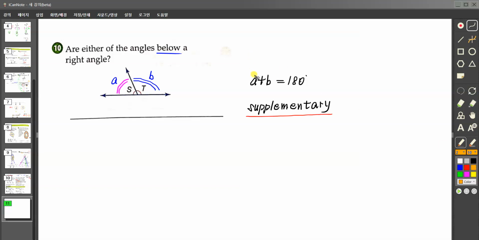So we can say A is supplementary to B, and B is supplementary to A. That means the sum of these two angles makes 180 degrees. When the sum of two angles makes 90 degrees, we call them complementary.